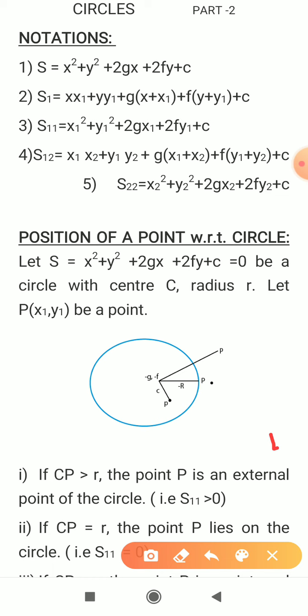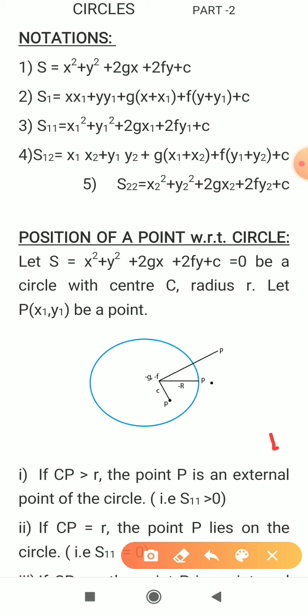Now today we will learn about some concepts: position of a point with respect to a circle, power of a point with respect to a circle, and length of the tangent drawn from an external point. For these concepts, first we need to know the notations.